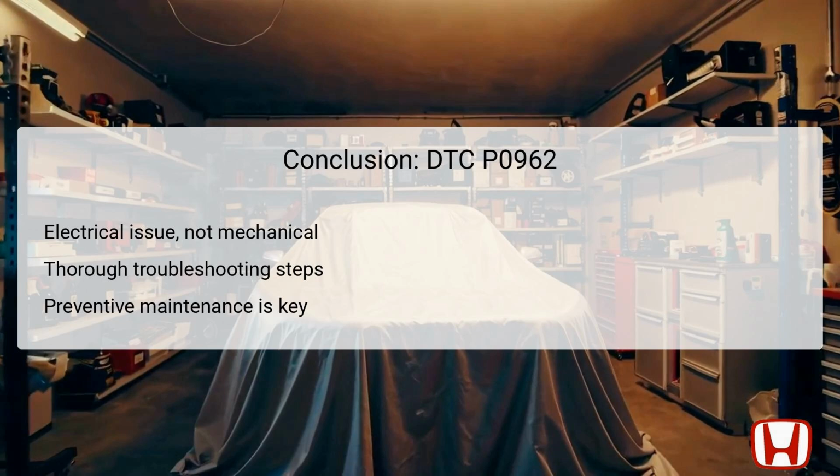If repairs are needed, ensure they are validated through proper testing procedures. Furthermore, preventive maintenance practices are crucial to prevent future occurrences of this and similar issues. By following these guidelines, you can ensure that the Honda Civic maintains optimal performance for years to come.